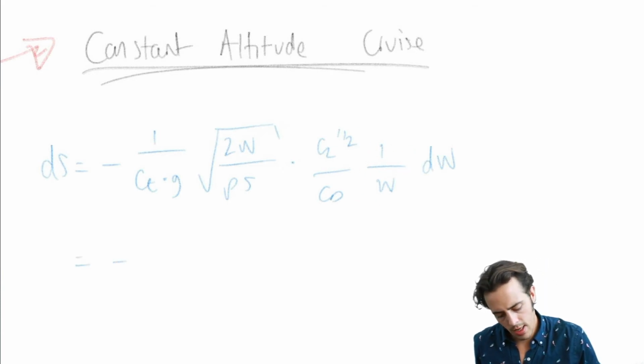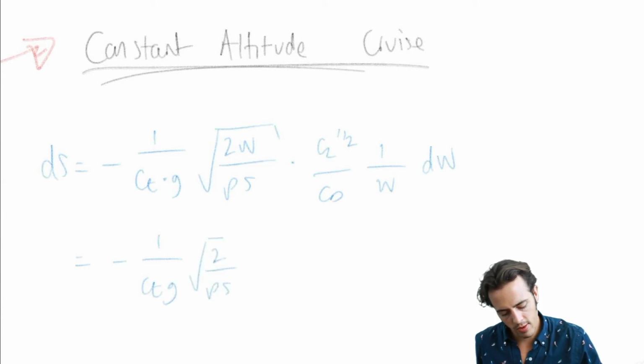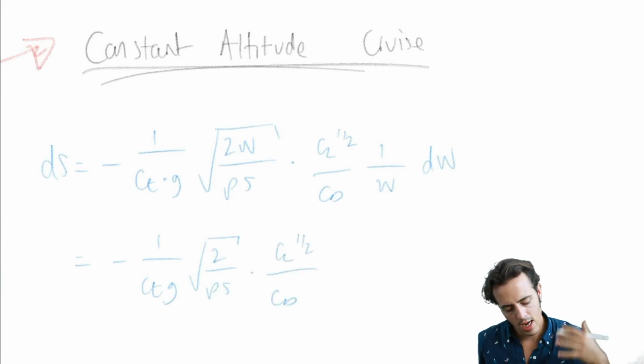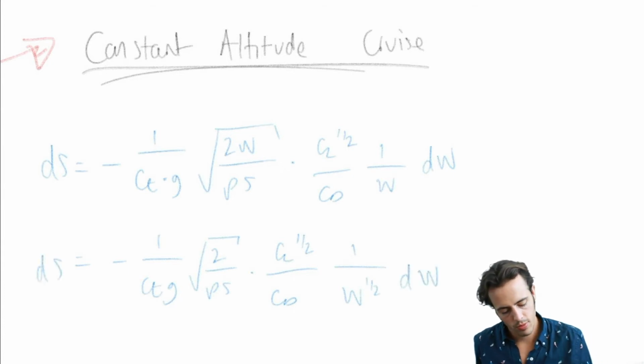So we end up with minus 1 over CT G, square root of 2 divided by rho S, CL to the half divided by CD, and what we would have here is W to the half divided by W. That's the same as 1 over W to the half. So we've now got an expression that we can integrate.